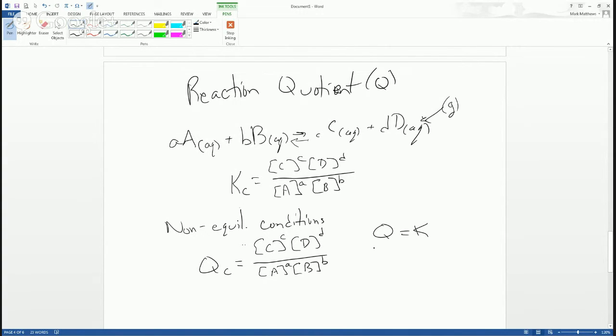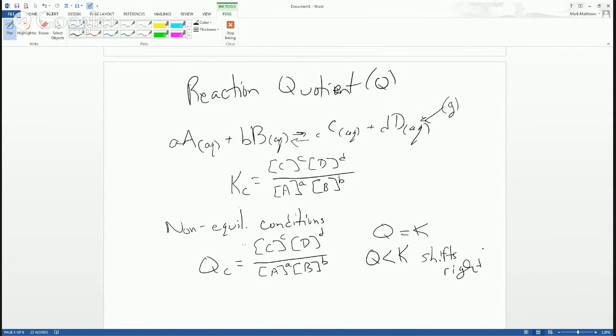At any other time, the chemical system is going to try to achieve equilibrium, and it does it by shifting. If your concentrations give you a Q that's smaller than that reaction's K, then it's going to shift to the right. Remember, at equilibrium both reactions are occurring at the same rate.